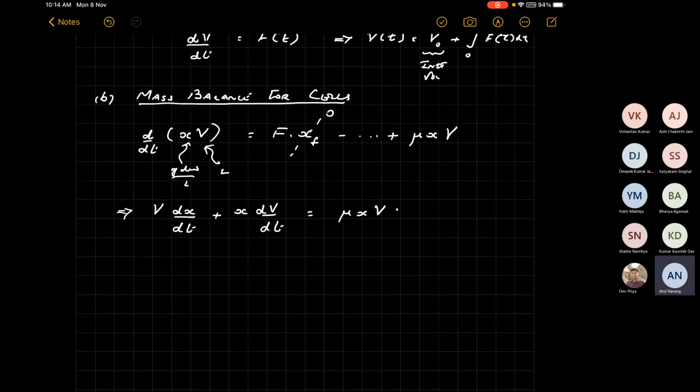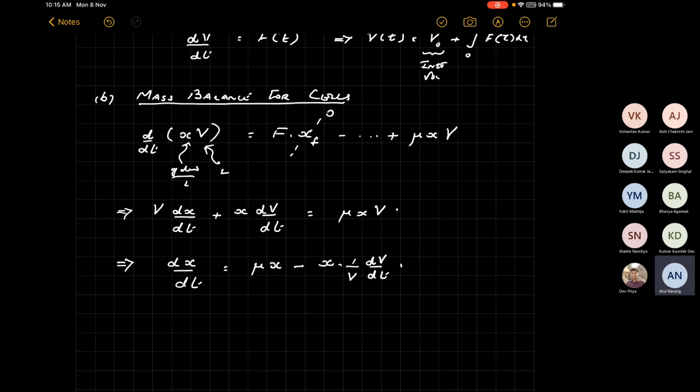Now, dividing through by v, which is permissible even though volume is a function of time, I can write dx dt equals mu times x minus x multiplied by 1 over v times dv dt. Is that part clear so far?